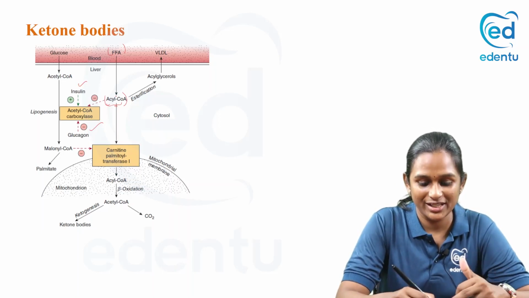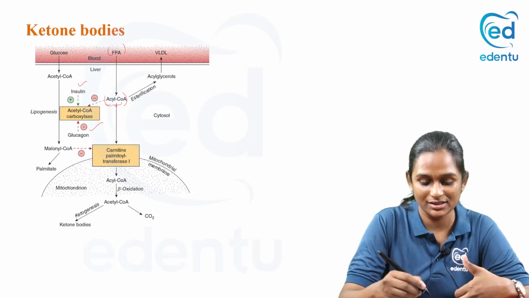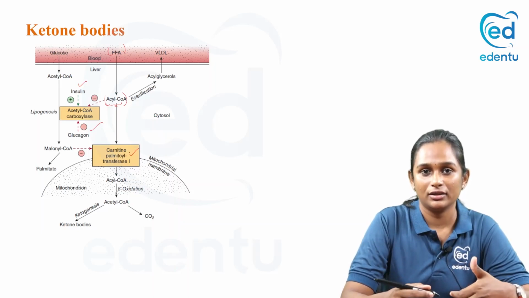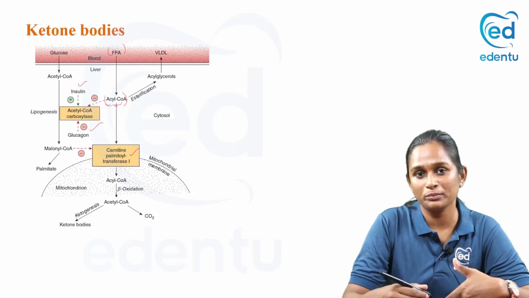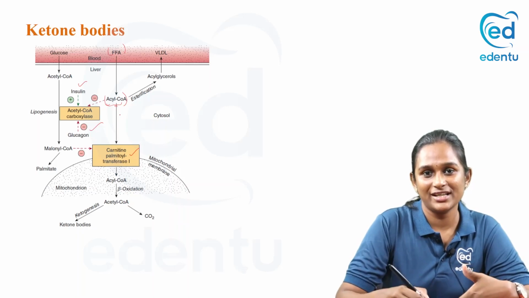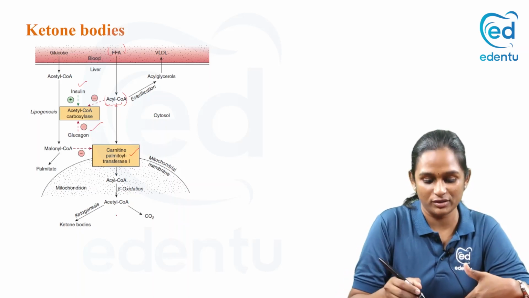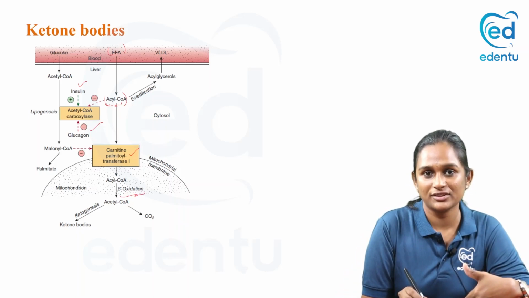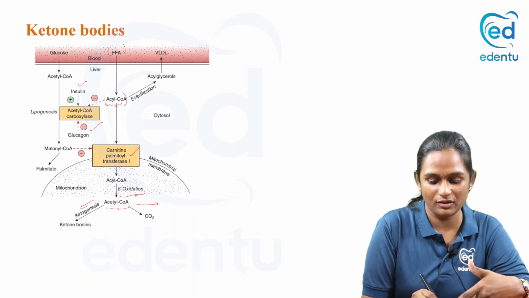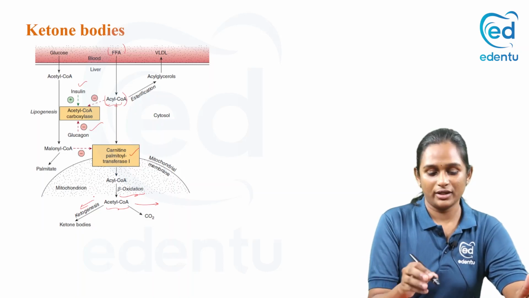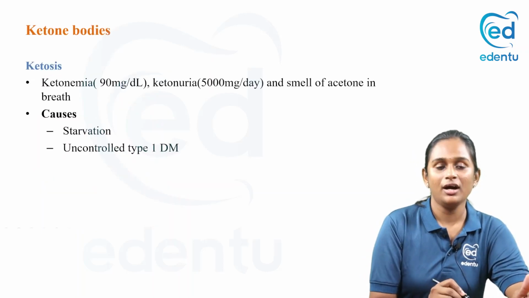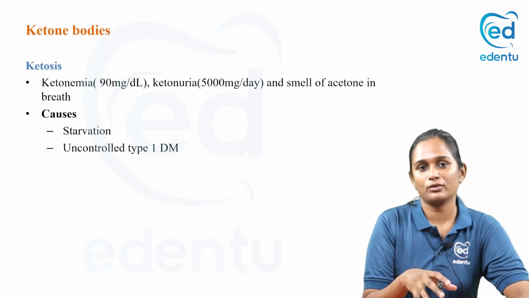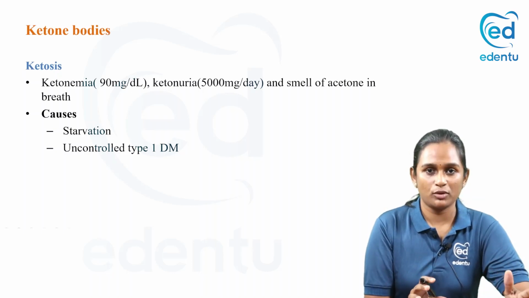So all the fatty acids will enter via CPT1 into the mitochondria and undergo beta oxidation, getting converted to acetyl-CoA. It should either go to the TCA cycle or ketone body synthesis. This is how insulin and glucagon play a role in ketone body regulation.